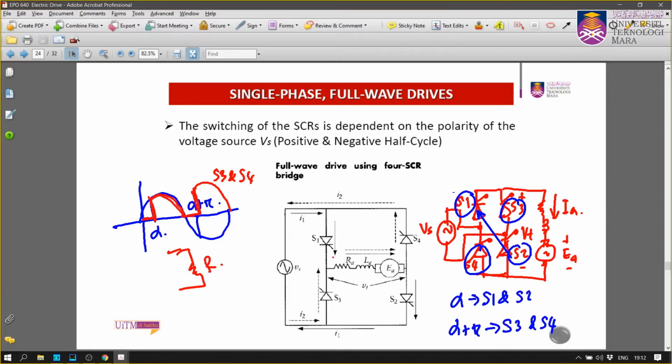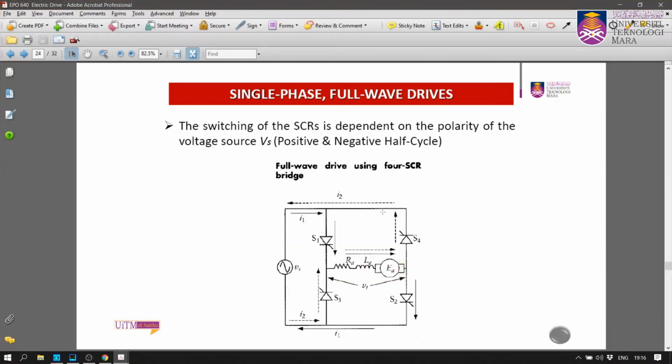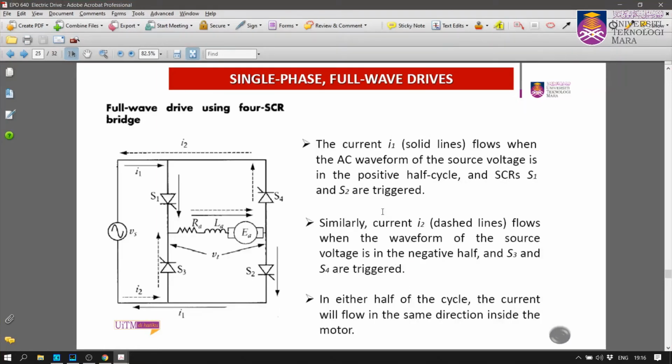But now you have to consider the RL as well as the EA. Okay, so in this full wave drive, you can read again. The current I1, solid line, flows when the AC waveform of the source voltage is in the positive half cycle, and SCRs S1 and S2 are triggered. Similarly, current I2, dashed line, flows when the source voltage is in the negative half cycle.